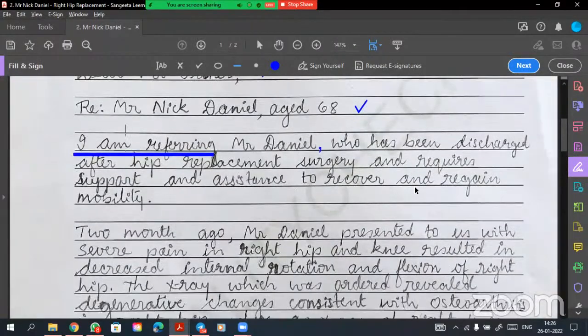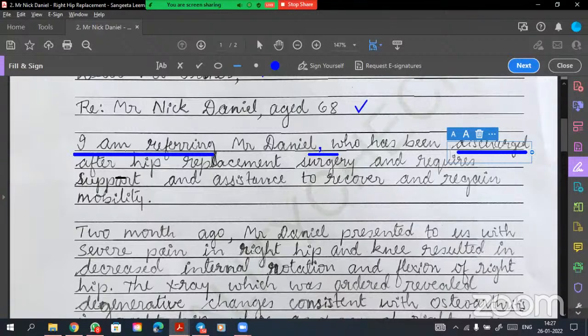I am referring to Mr. Daniel, who has been discharged. Not been discharged, who is being discharged, or who is ready for discharge today. Right. Now here, a comma should come here. Mr. Daniel, comma. So who has been recuperating? You can say who has been recovering, or who underwent hip replacement surgery. When you write surgery, a is not needed.